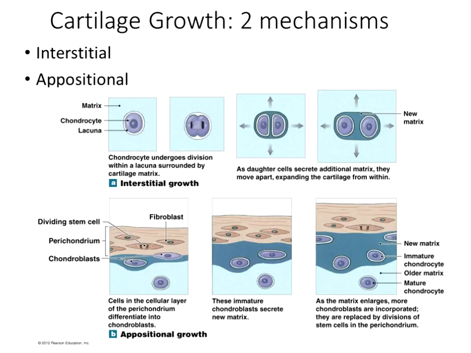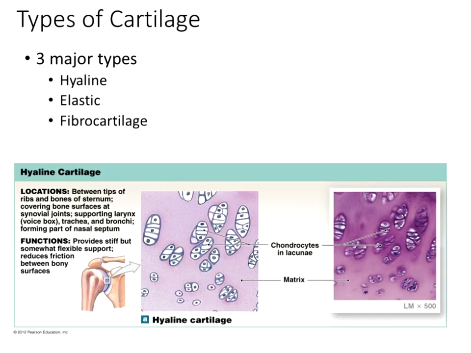So you want the cartilage to get longer and taller. That's interstitial growth, and it occurs with the cells pushing away from each other, making more matrix in between them as they divide. If you want to see a cartilage area get thicker, you'll want to see that the cells nearest the protective layer start to grow and make the perichondrium push further out, so there's more material encapsulated in that perichondrium.